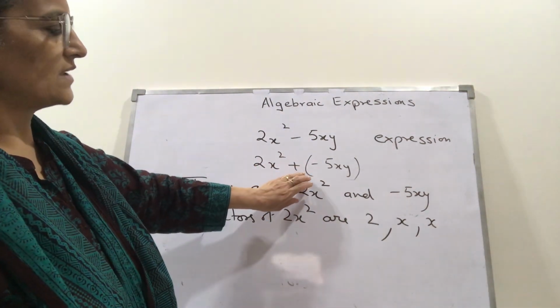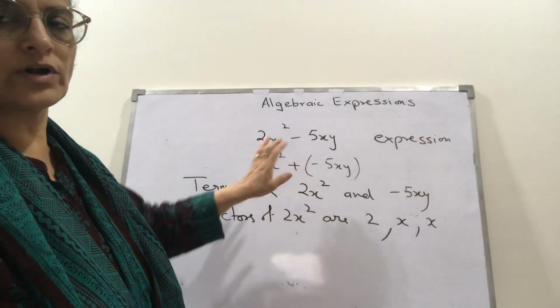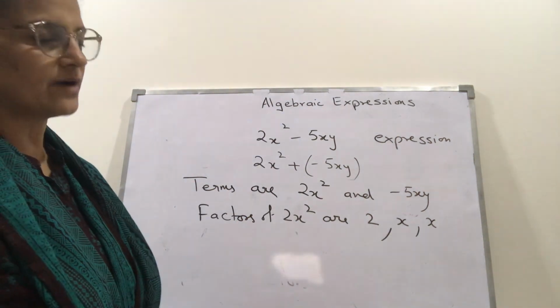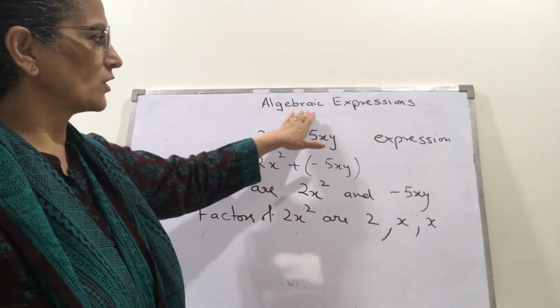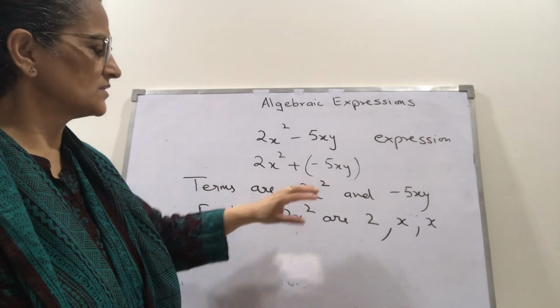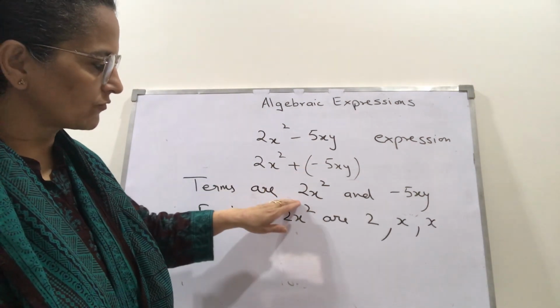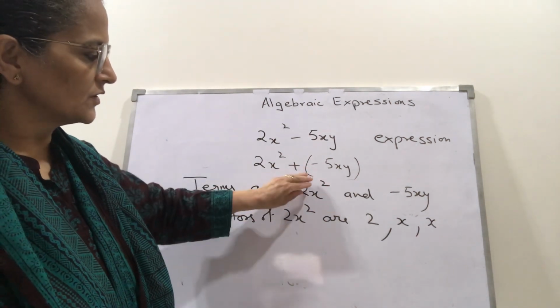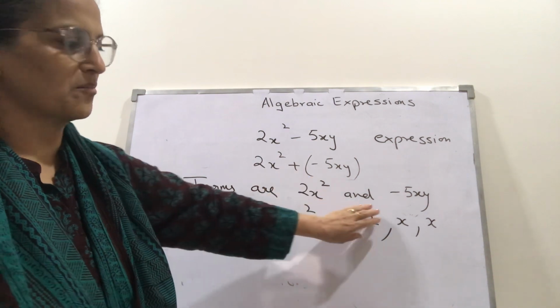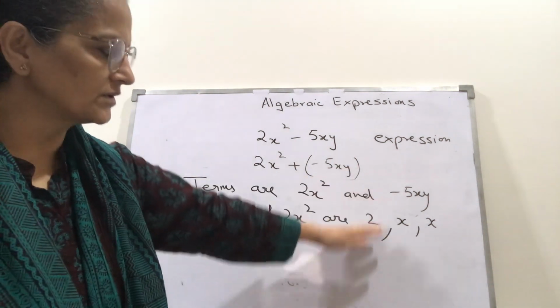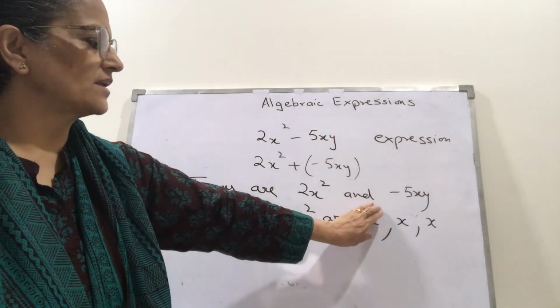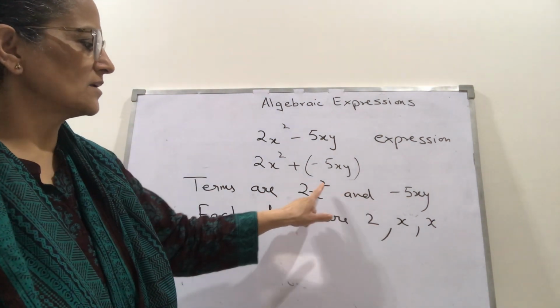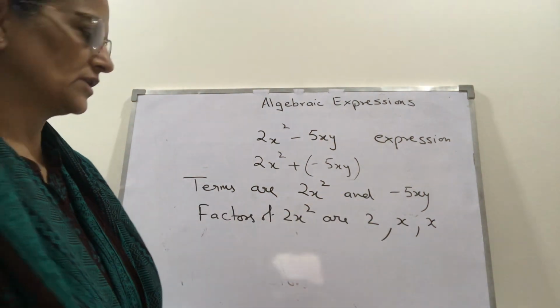So in case we have 4 here, we will not write 2 into 2 the way we have learned factors. When you are talking about algebraic expressions, if you are talking about factors of one term, you separate out the number as it is. We don't further factorize it. We just write the number separately and the other factors of the term.